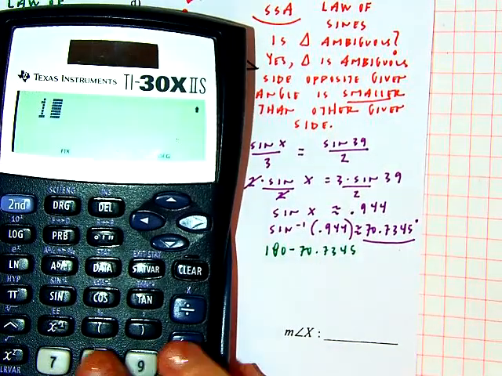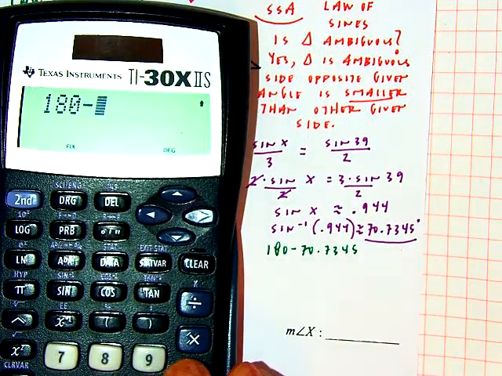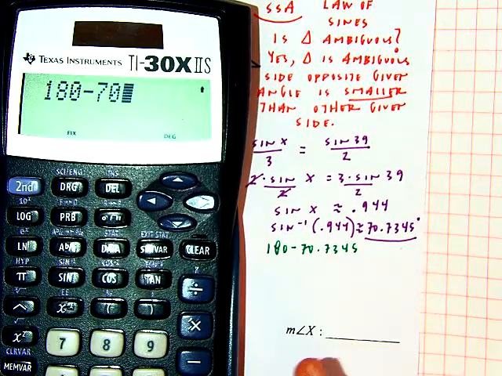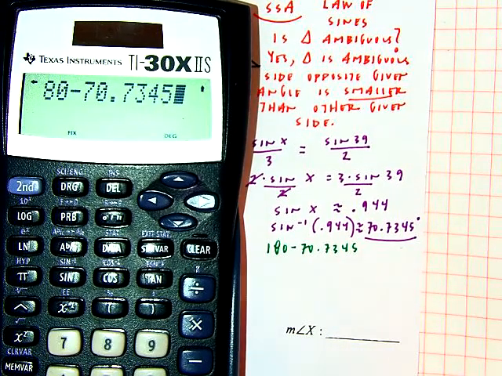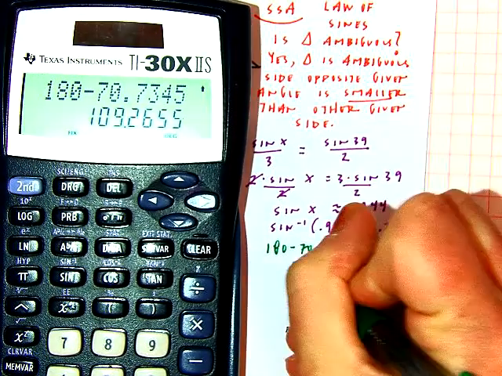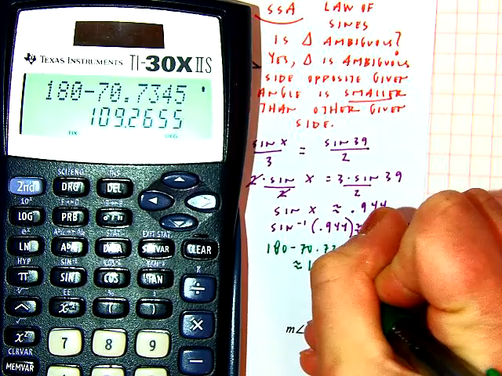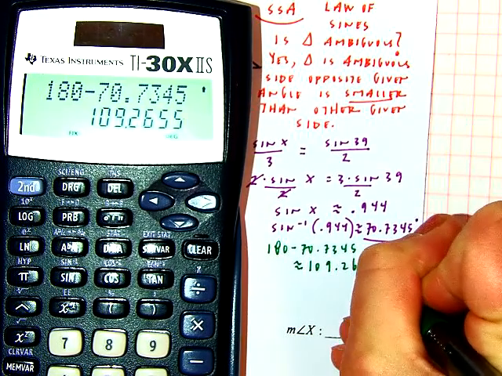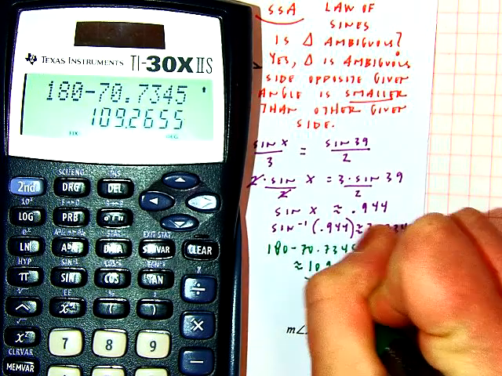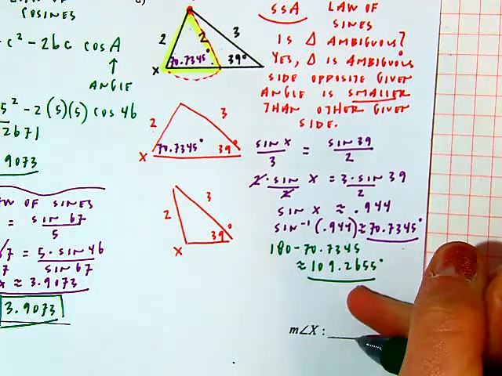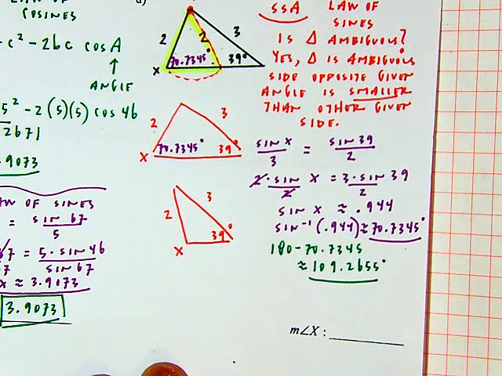So here I can do 180 take away 70.7345, and that gets me another option of 109.2655. So when I state my answer, I really have to say both of them.